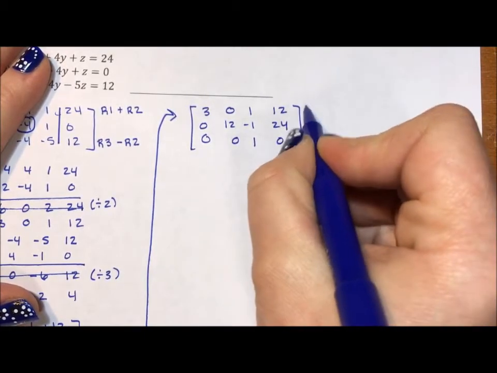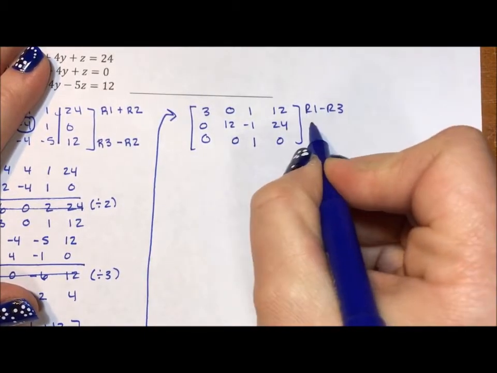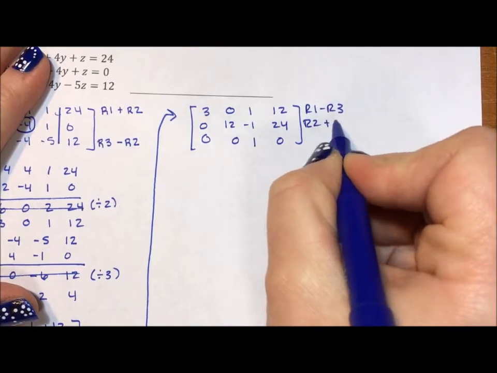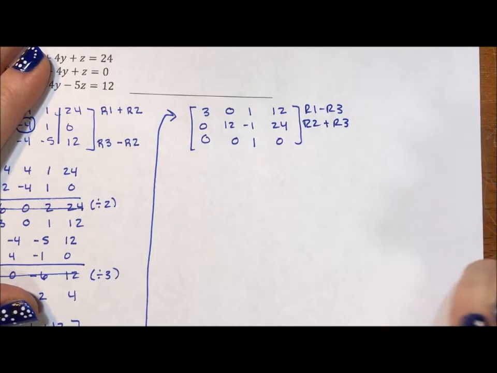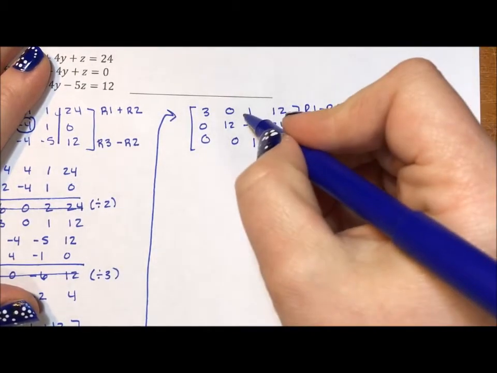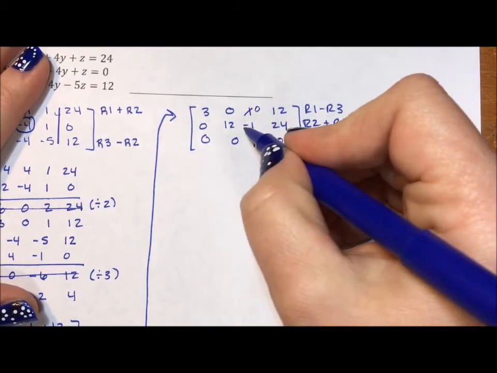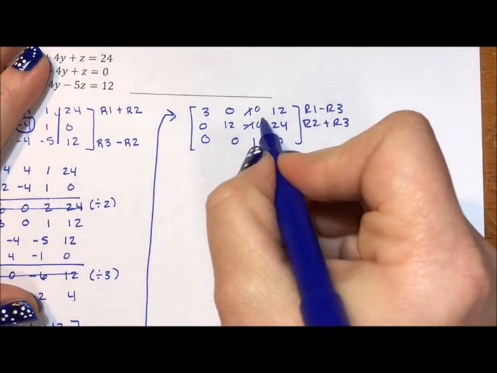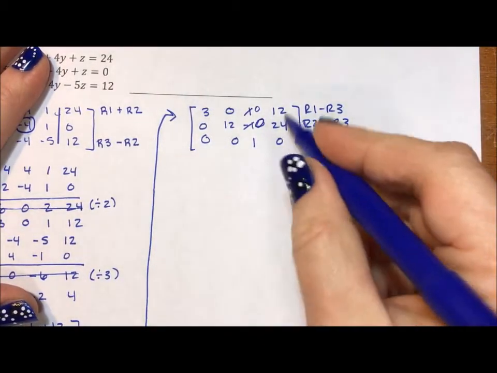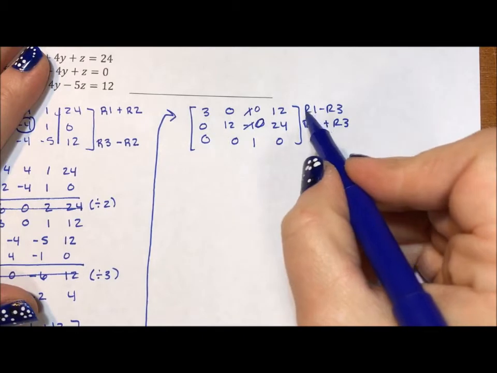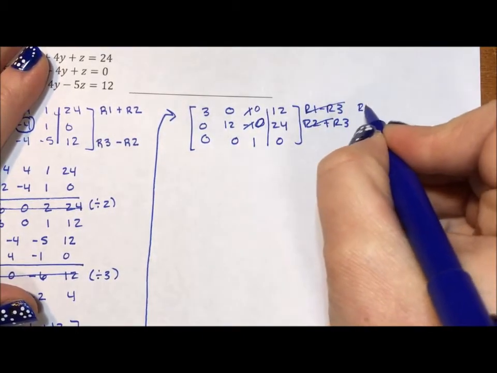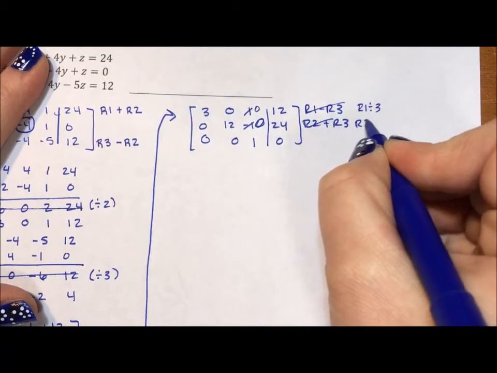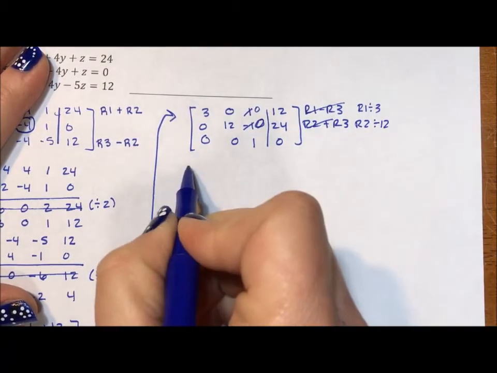All right, so row 1 minus row 3, row 2 plus row 3. All that's going to do is zero those numbers out. I'm actually going to save a little time and just say, hey, that becomes a 0 and that becomes a 0, because that 0 won't affect. So my new rules are row 1 divided by 3 and row 2 divided by 12.